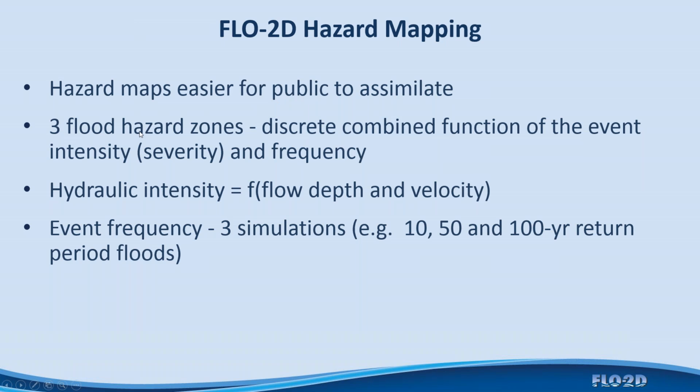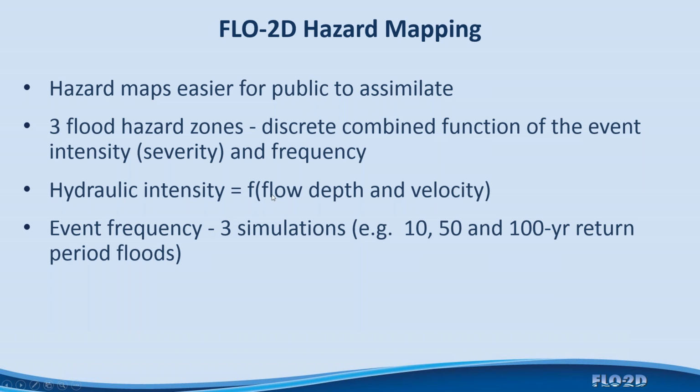The hazard maps consist of 3 flood hazard zones, and these are a discrete combined function of the hydraulic intensity or severity of the event and the frequency of the event if you want to use the frequency in developing the maps.